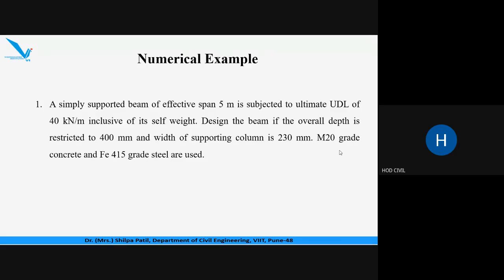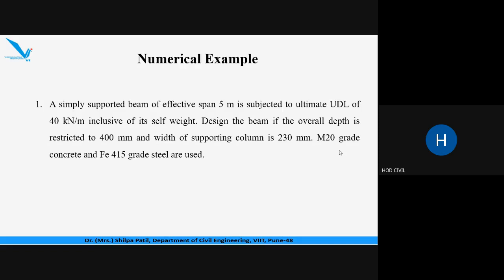So in the given data, the effective span of the beam is given, and the total load acting on the beam in the form of UDL is also given, which includes the self weight of the beam also. So we don't need to calculate the self weight of the beam separately. Then another condition is given in the problem, that the overall depth of the beam is restricted to 400 mm.